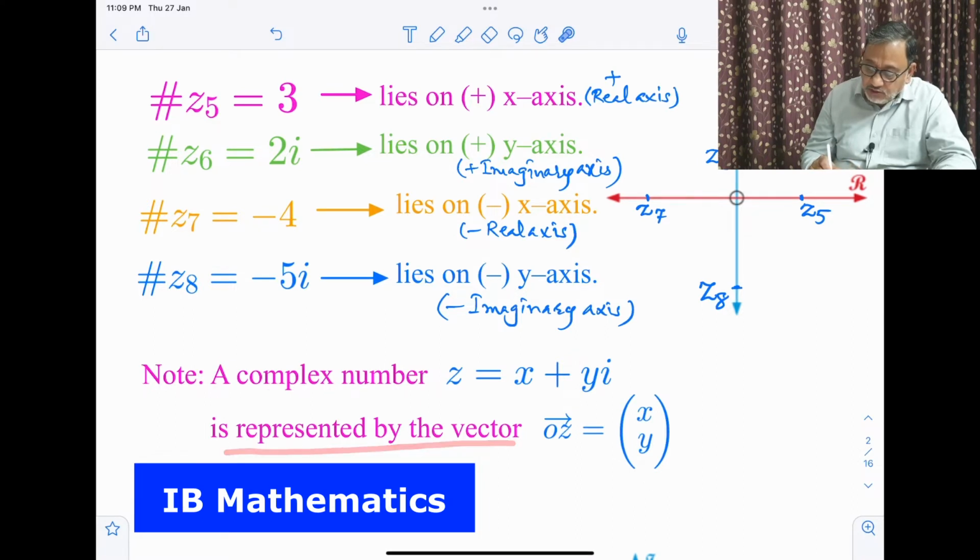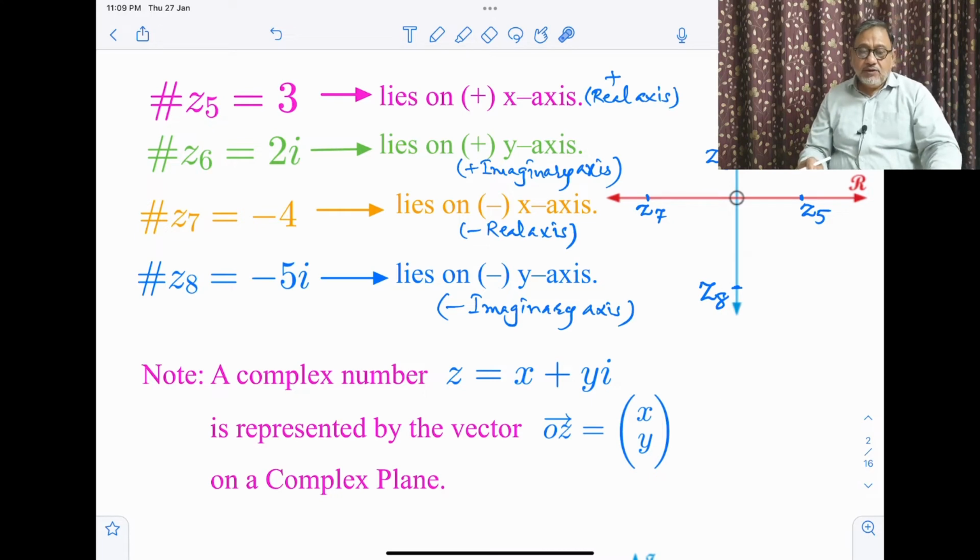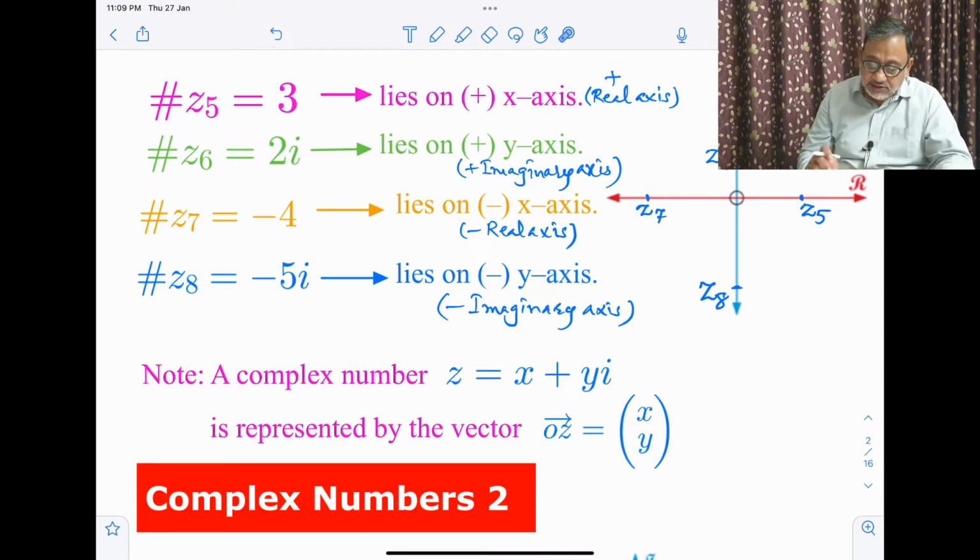Now note that a complex number z equal to x plus yi is represented by the vector OZ, which is given by the column vector (x, y). X is the real part and y represents the imaginary part. So a complex number can also be represented by a column vector (x, y), because on the complex plane a complex number shows us the direction where it is.